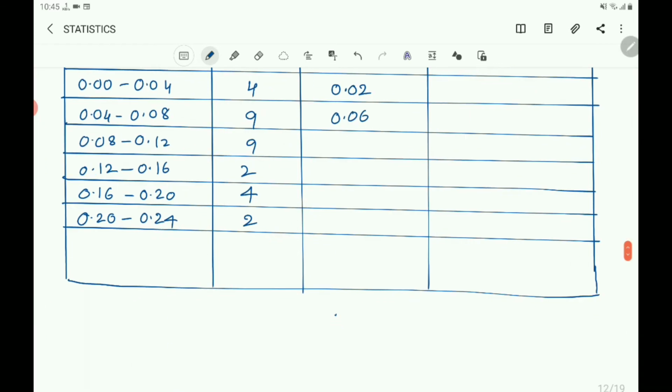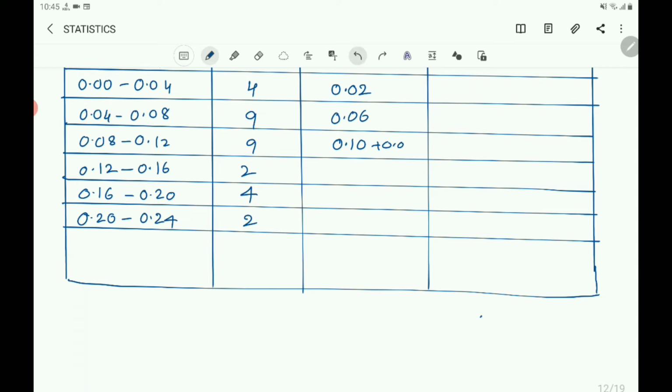Verify here. 0.12 plus 0.08, so 12 plus 8 is 20, that divided by 2, you will get 0.10, that is nothing but 0.1. Same, 0.06 plus 0.04 is 0.10.